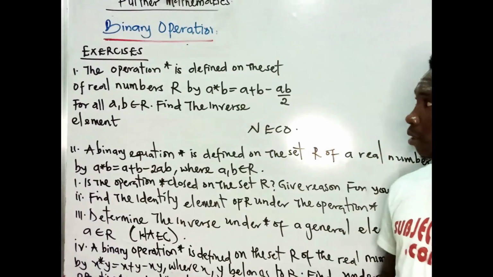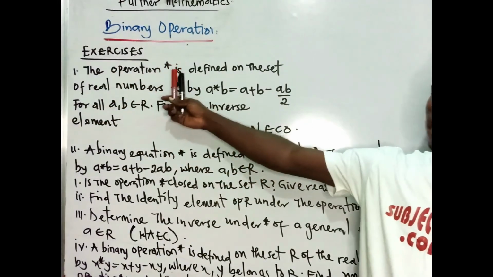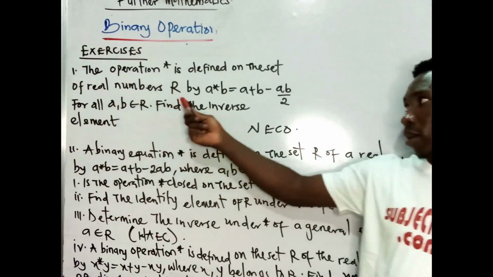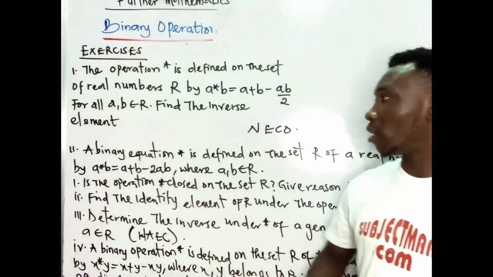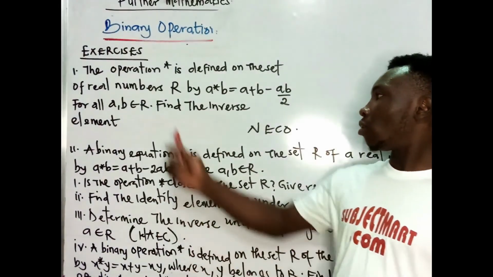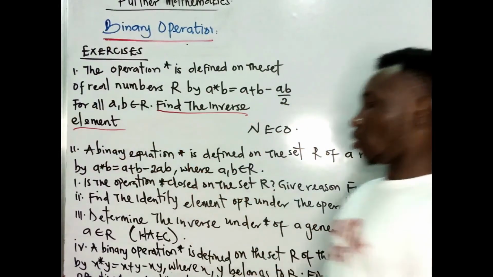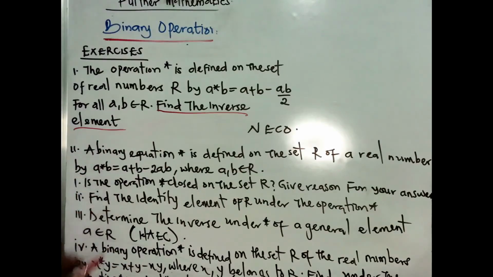Okay, now we have our exercise here. We have number 1: the operation asterisk is defined on the set of real numbers R by this, and you have to find the inverse element, and that's the main question. That goes down to the other questions.